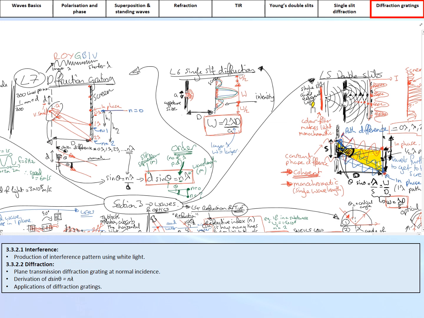We'd end up with the colours being separated out. With the diffraction grating formula, longer wavelengths will give a larger angle. So with a shorter wavelength, such as blue light, we're going to have a smaller angle, and we'll have blue dots.